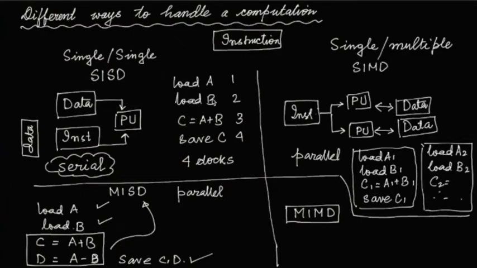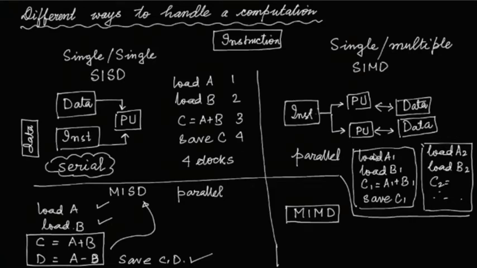So they have to be loaded into the same processing unit, and only that processing unit can do the addition, and then save the value of C back to the memory, which means this has to be done in a single processing unit. There is no way you can break it up.